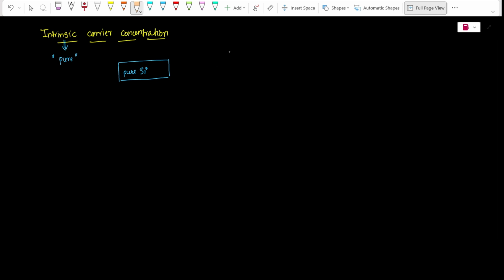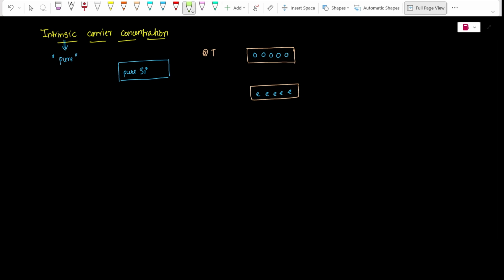Now, as you know, at some temperature T, let's draw my conduction band and valence band. So this is my conduction band and this is my valence band. So at some temperature T, we know that there are holes in the valence band and electrons in the conduction band. So now the point here is, let's quantify things.